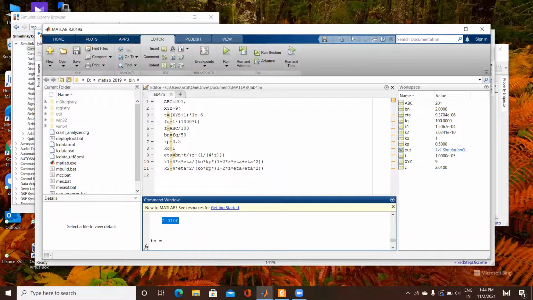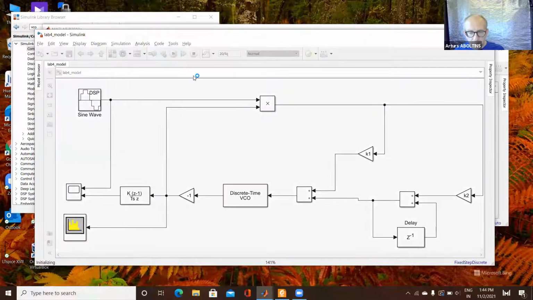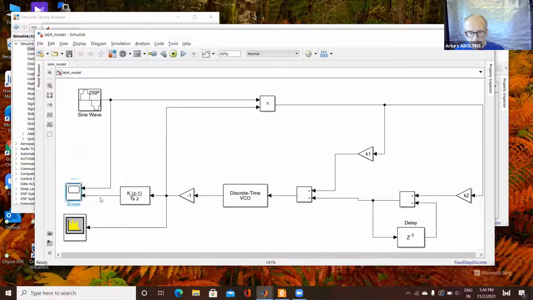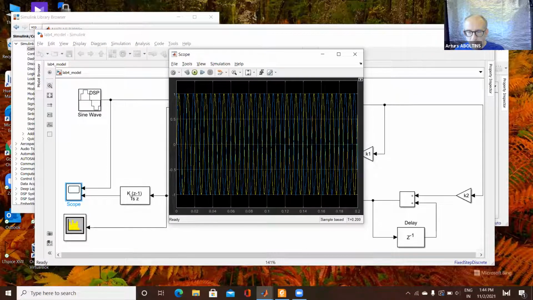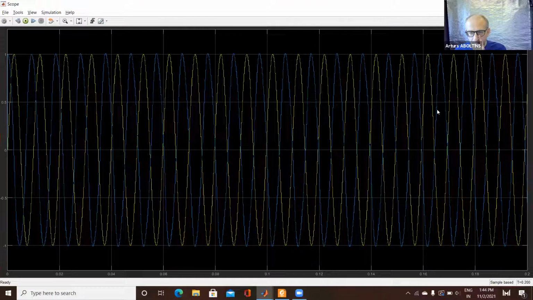Okay. And what happens if you run? Could you make it larger? I do not see it. It looks like it goes exactly in the opposite direction. Okay, please show me the diagram.